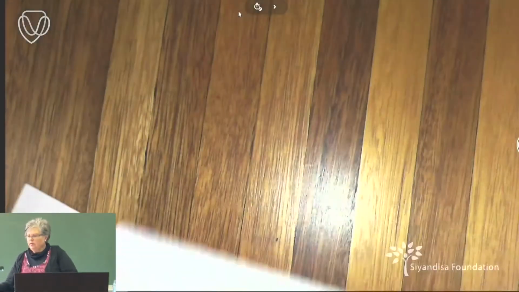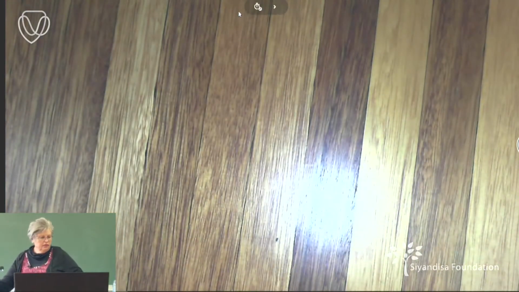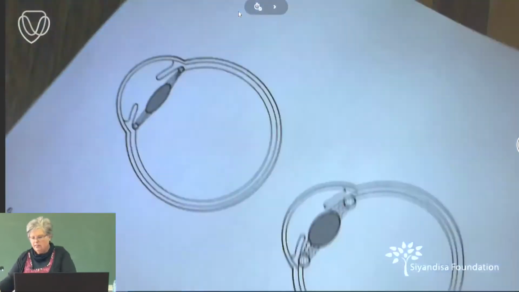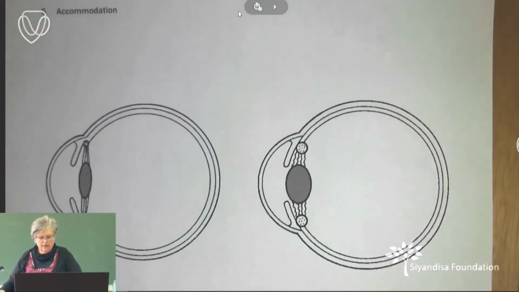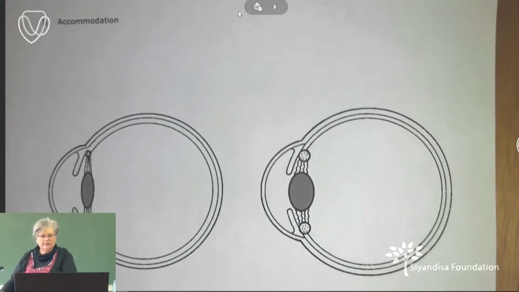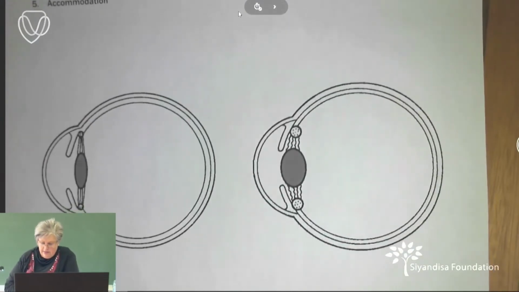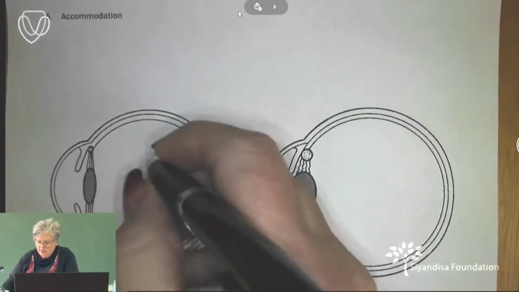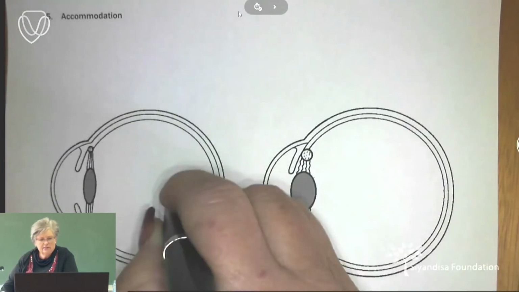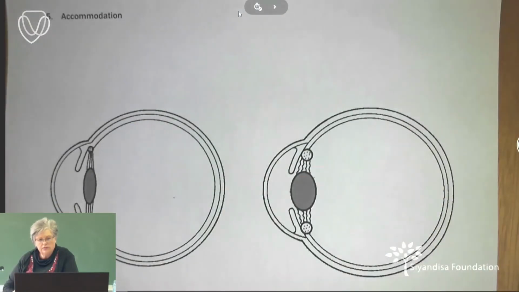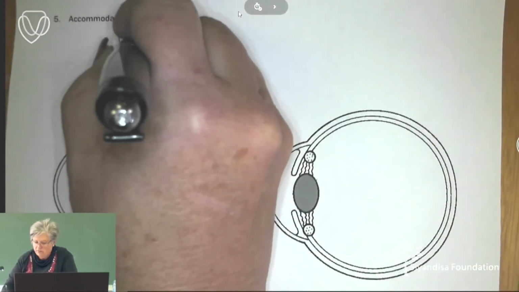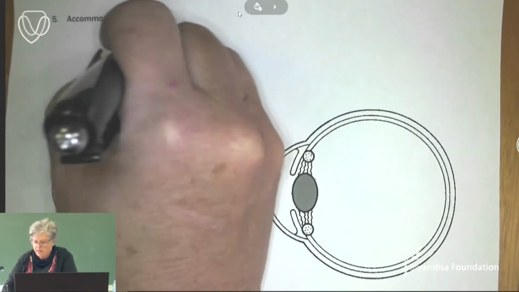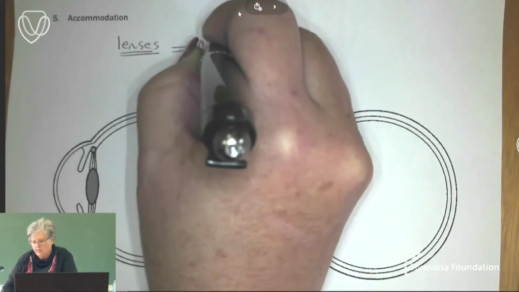The best way to know these two processes is again to look at the diagram. The moment you see a diagram where the lens has different forms, so it influences the lens, then we know it's accommodation.